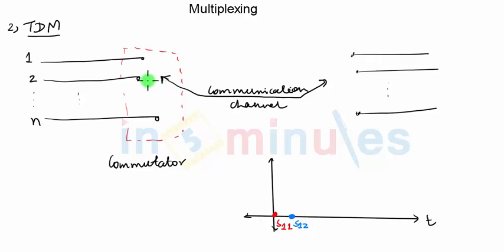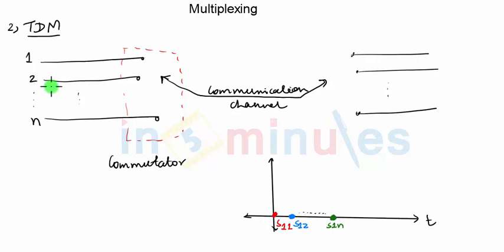Similarly, the switch will go through the third, fourth, fifth input channels, and likewise it will reach the last input channel. It will read a sample from that input channel, and let us say that last sample is called S1n, because it's the first sample of the nth signal, and in between there will be samples coming from various intermediate signals.